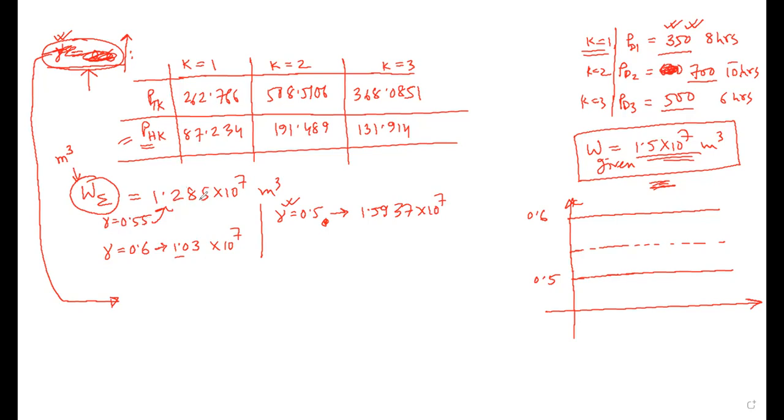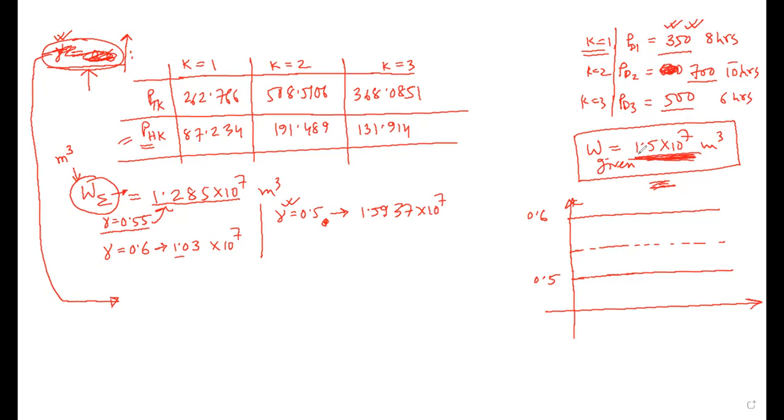This step is very, very important for understanding this iterative algorithm. With this updated averaged value of gamma, the W used, or W available, or W usage, is still less than this.